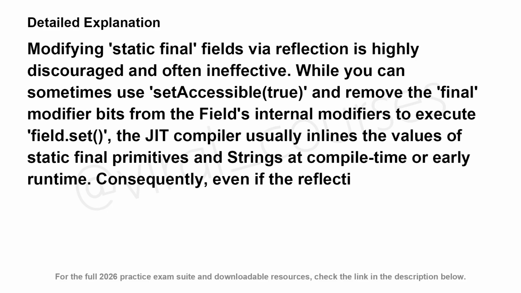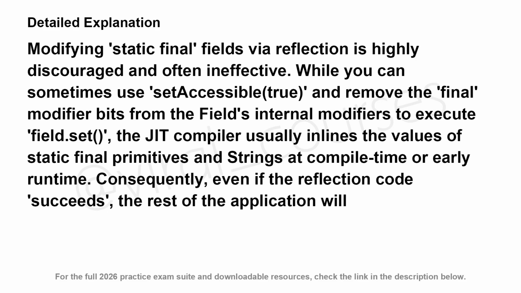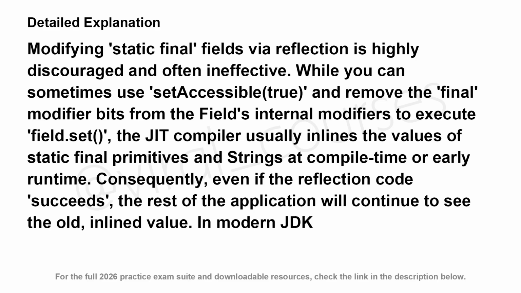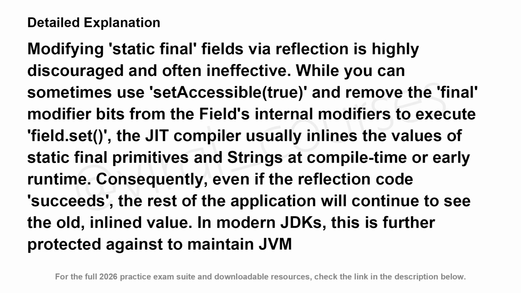Consequently, even if the reflection code succeeds, the rest of the application will continue to see the old inlined value. In modern JDKs, this is further protected against to maintain JVM integrity.